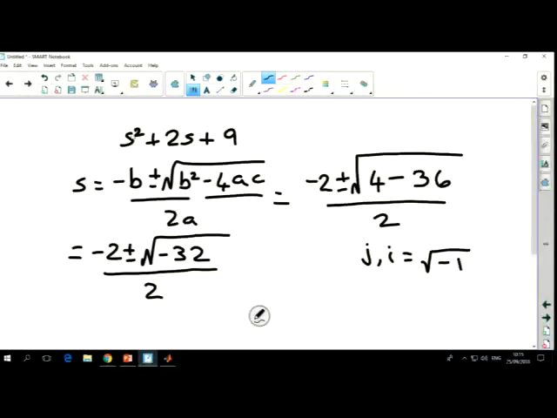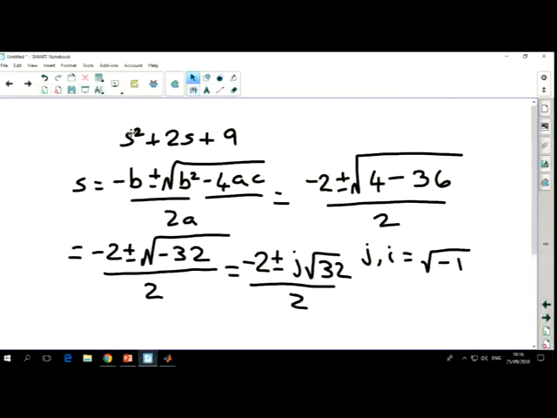So you could rewrite that as negative 2 plus or minus the square root of minus 1, or j, times the square root of 32, over 2, and then just carry on from there. You're not going to actually do it because it's just numbers from now on, but you get the idea. You can always do that with negative square roots, and that's why complex numbers are quite useful. It's just a mathematical trick, it's not real, but it does help you find your poles and zeros.